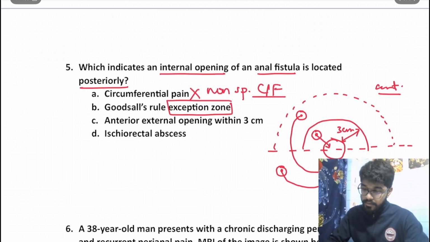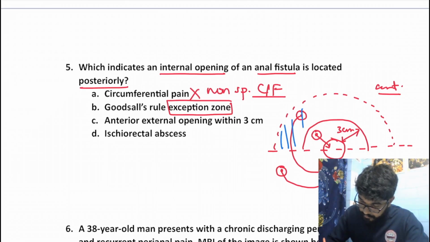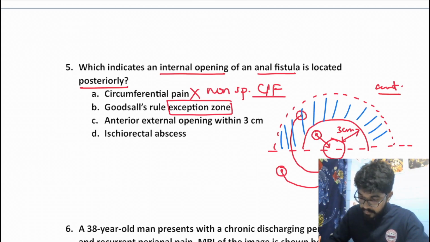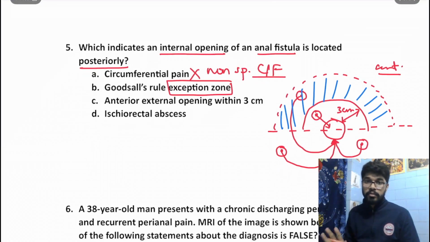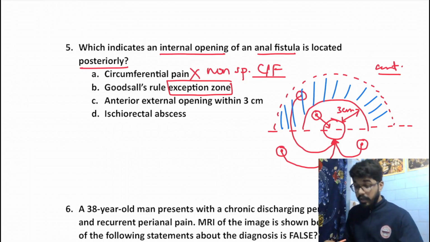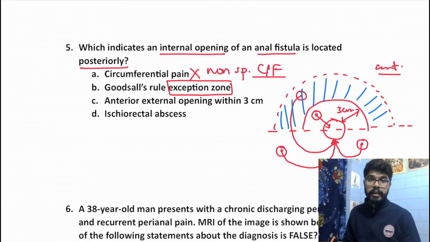The exception zone is this zone, the Goodsall's exception zone. It lies in the anterior region beyond 3 centimeters. If the external opening is in the exception zone, the internal opening will be in the posterior 6 o'clock position. So this should be our answer.